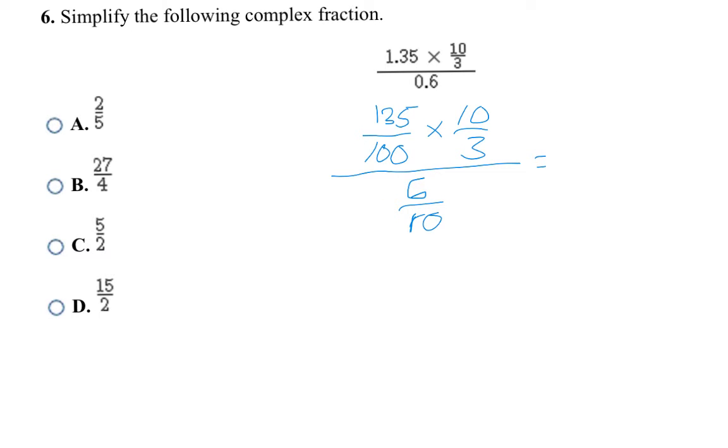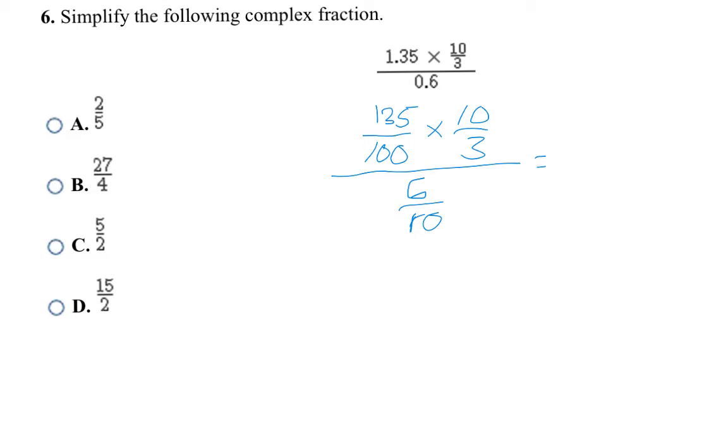Now, when you have a complex fraction, you want to do any operations that you have in the top of the fraction or the bottom of the fraction first. It's a type of grouping that the P stands for in Please Excuse My Dear Aunt Sally or PEMDAS, in order of operations. So I need to do that first.